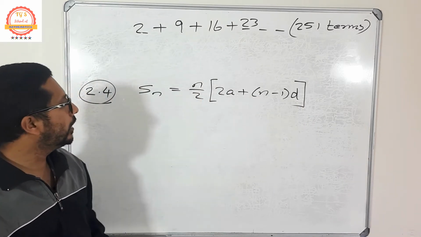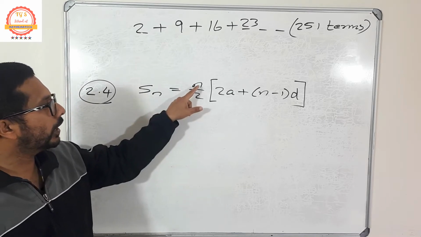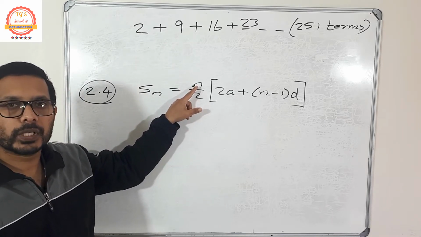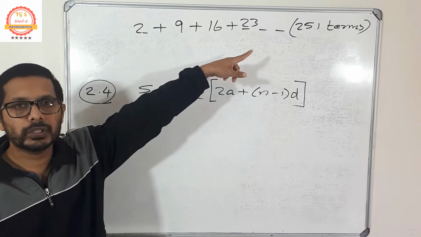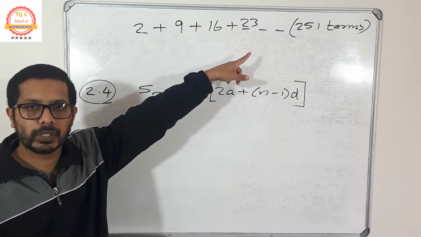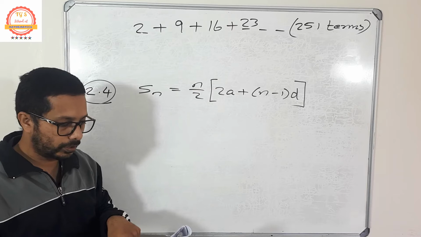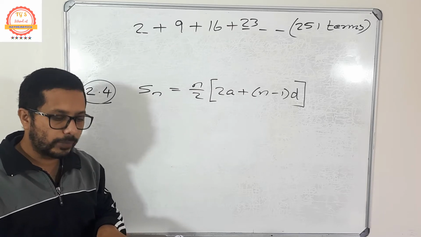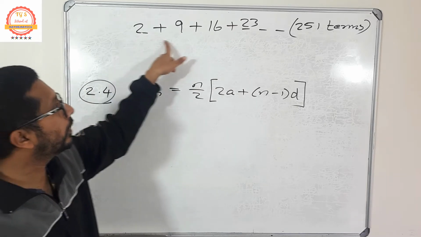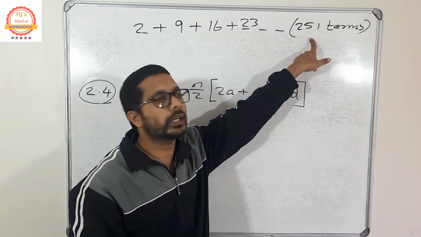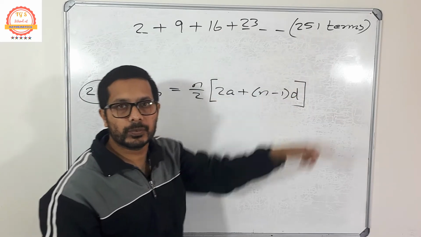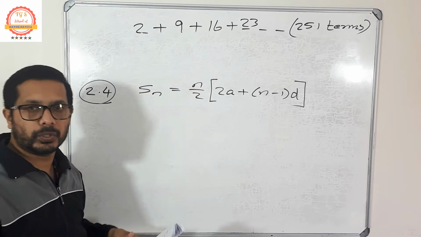Here, how many terms are there in this sequence? It is given in the question. There are 251 terms. We know that there are 251 terms, so what is the value of n? 251.